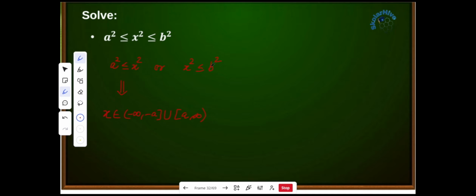And from x square less than b square, we get x greater than or equal to minus b and less than b, or x belonging from minus b to b.